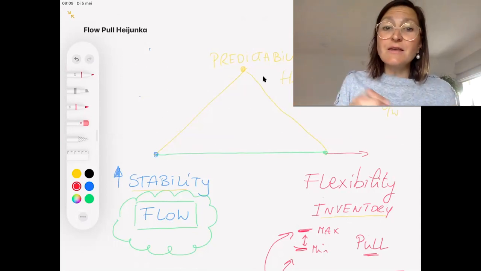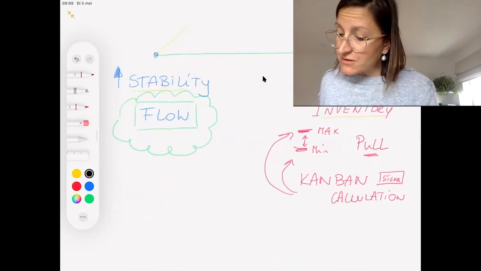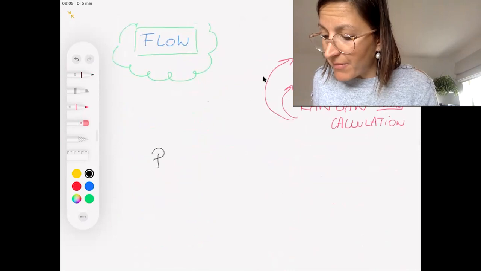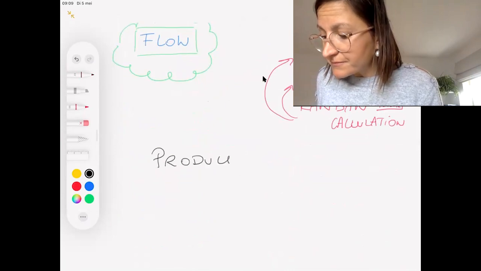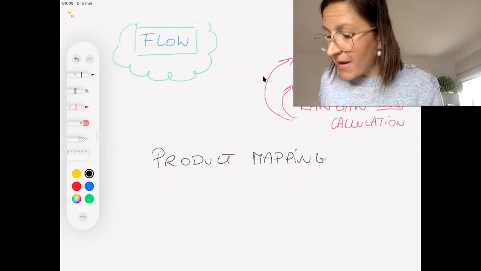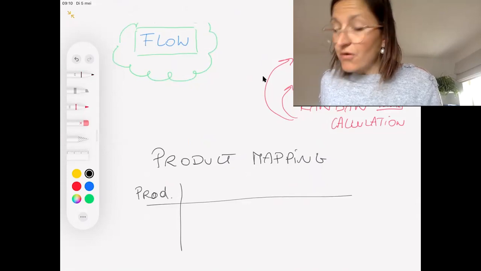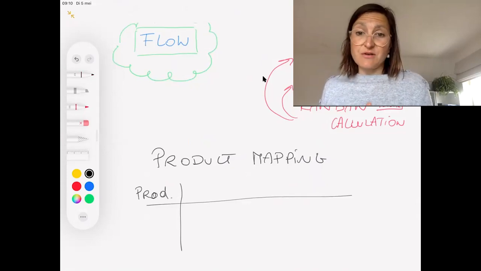So the key in using these concepts is actually to start out with a product mapping. A simple product mapping that just allows you to map your product or your service, right? So the type of service that you do.